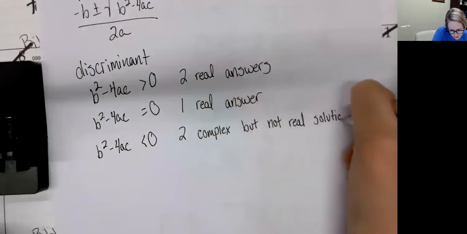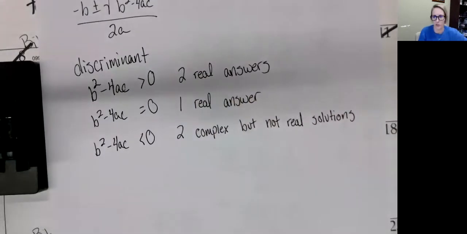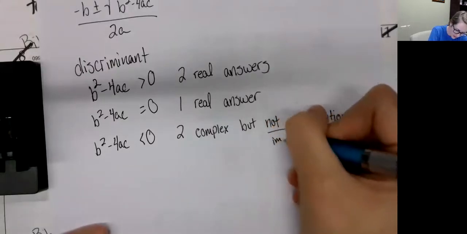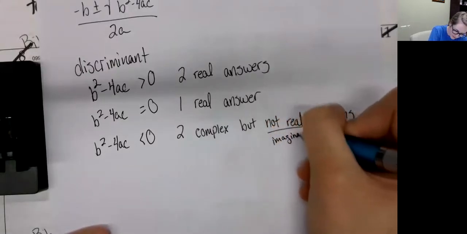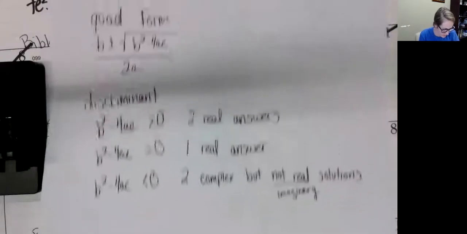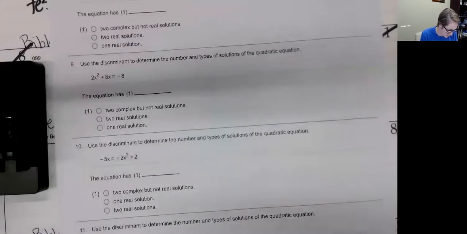And this is because there'd be a negative under the square root. So when we have a negative under the square root, we get to the imaginary numbers. So that's why it's not real. It's imaginary. But that's something we cover more in college algebra. So these are our discriminant rules. This is what you have to use on this, and I probably misspelled discriminant as well.